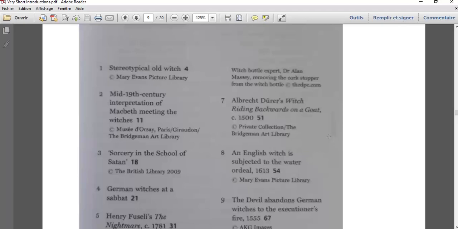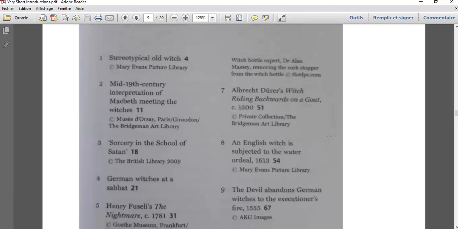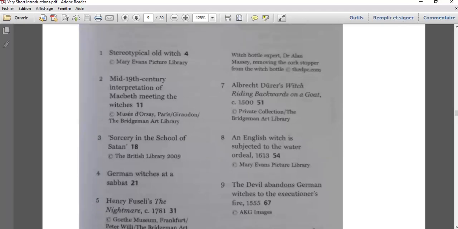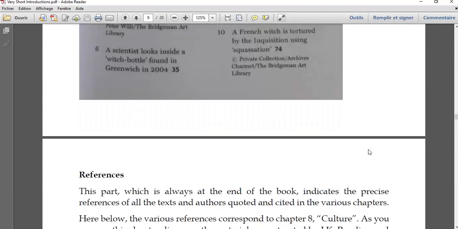And as you can see here, you've got all the details. For instance, the second illustration is a mid-19th century interpretation of Macbeth meeting the witches. It can be found on page 11, and you've got all the credits saying that, of course, the publisher has paid a copyright to the Musée d'Orsay and the Bridgman Art Library.